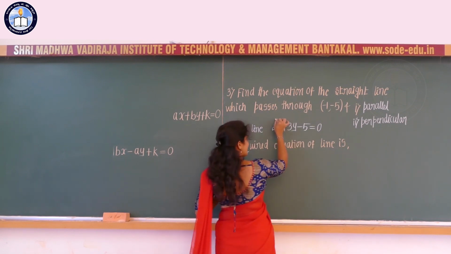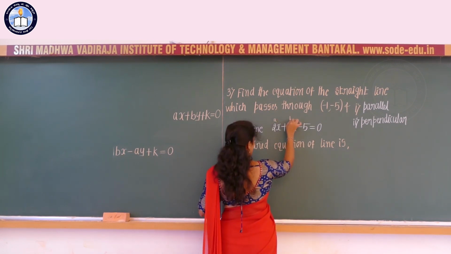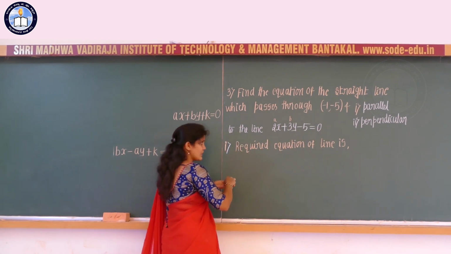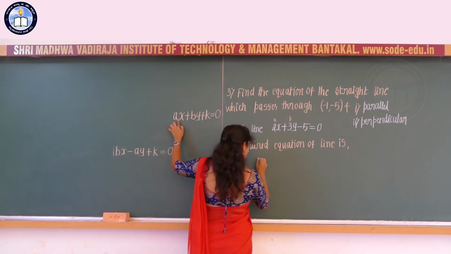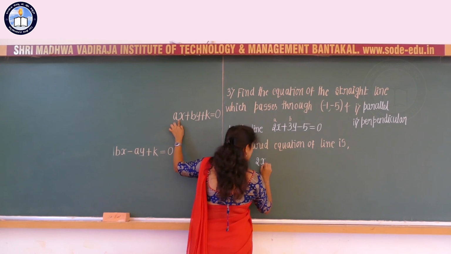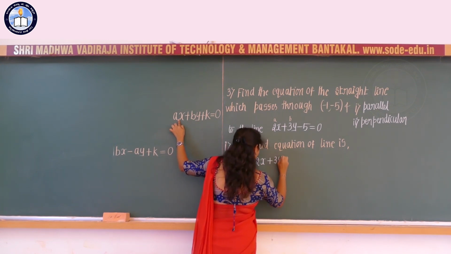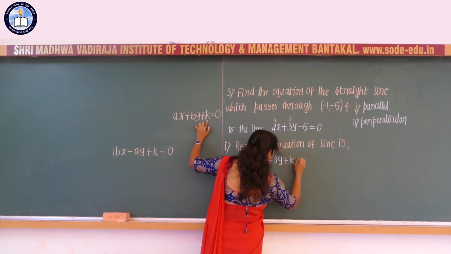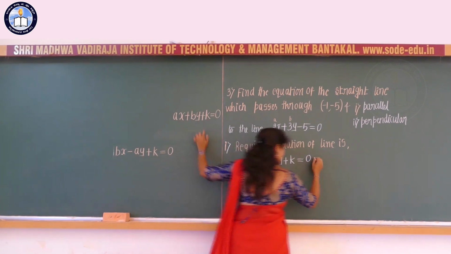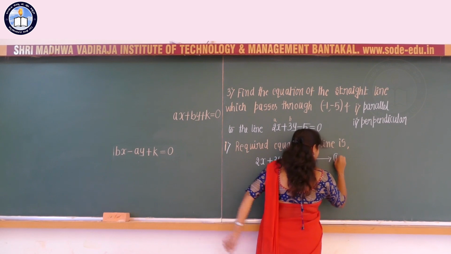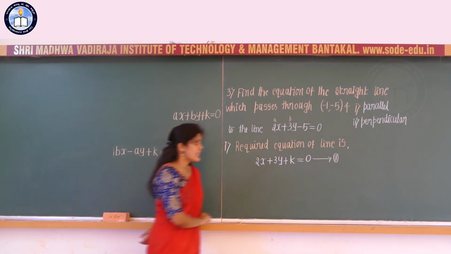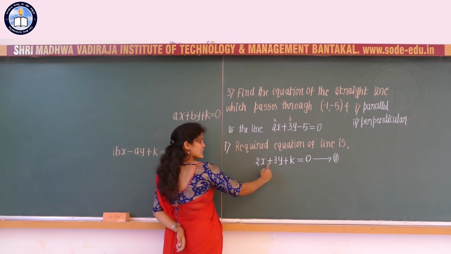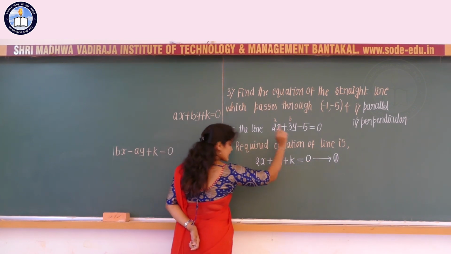Here a is equal to 2, b is equal to 3 and c is equal to minus 5, clear? So the required equation of the line is 2 into x plus 3 into y, and c should be replaced by k, plus k is equal to 0. I will consider this as equation 1: the equation of the line parallel to this line is 2x plus 3y plus k equal to 0.